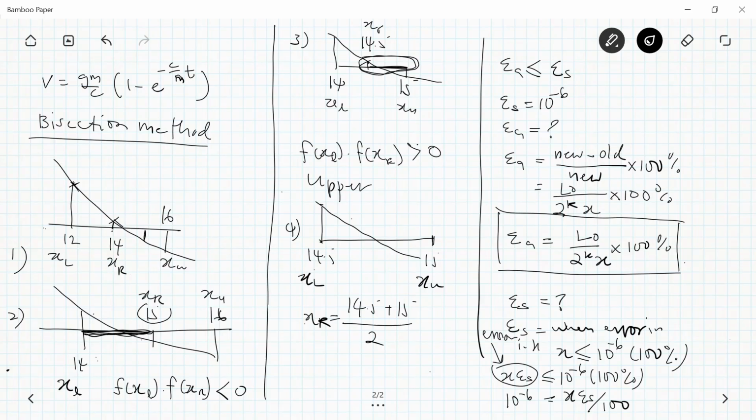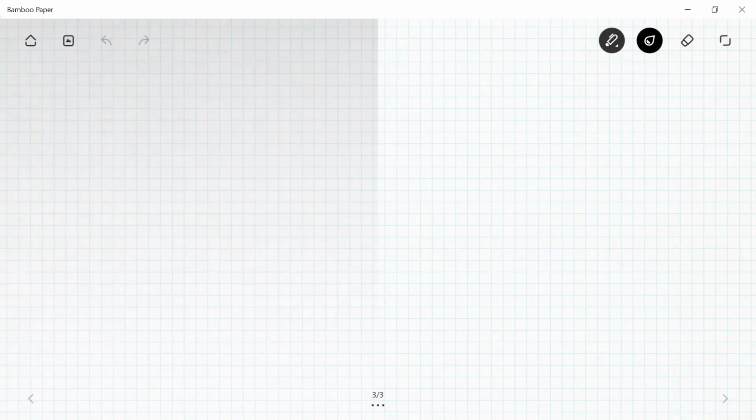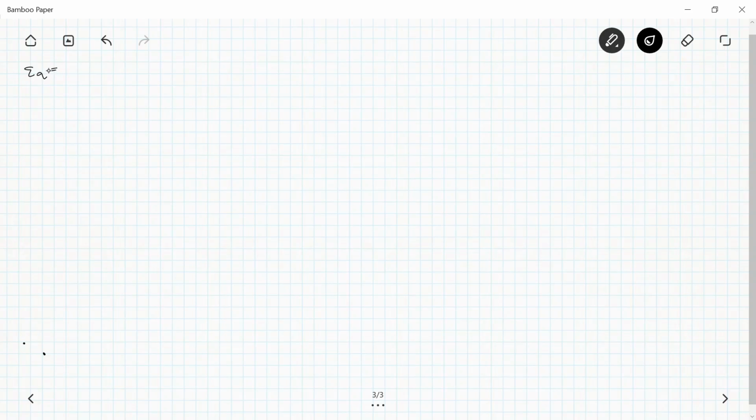We know that our epsilon A, sorry, I keep saying E, but actually it's epsilon A, is equal to L naught over 2 to the power of k times x times 100%.